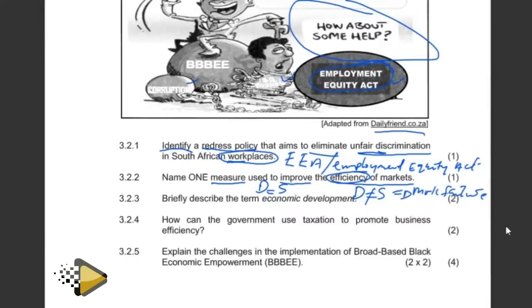Any argument that we are raising should always address the issue of the household. So when you talk of economic development, we refer to improvement in the standard of living of the household.